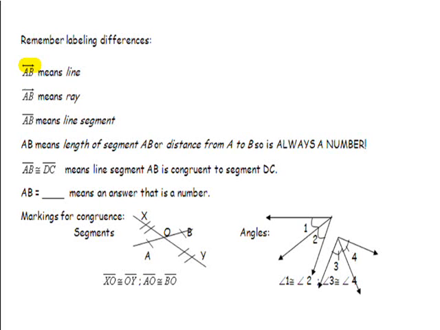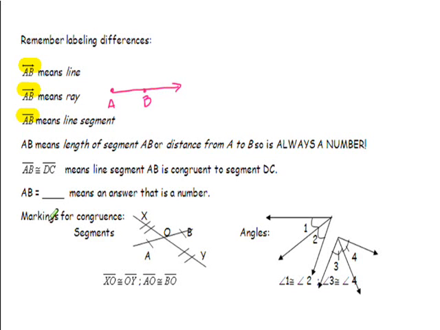On the other hand, just one arrowhead means ray. And since the ray points towards B, we're talking about a ray with an endpoint at A, and then it continues on through B, so all the points on the same side of A as B. And then when there are no arrowheads on the little bar above AB, we're talking about a line segment.